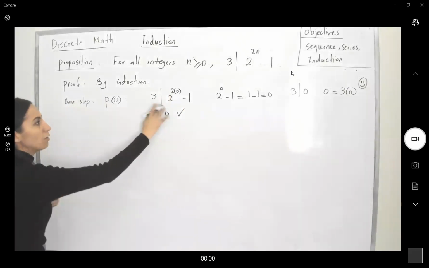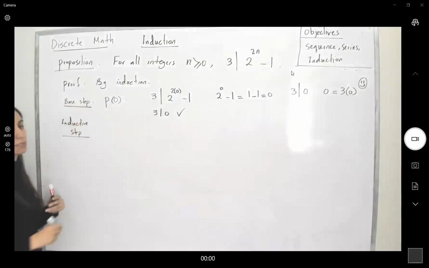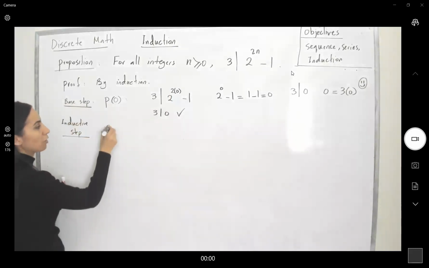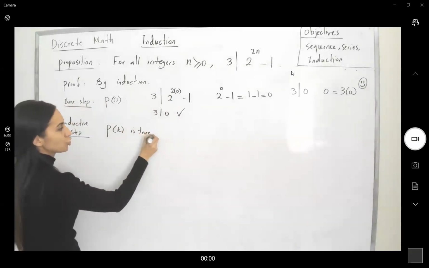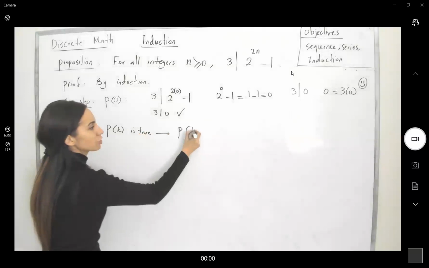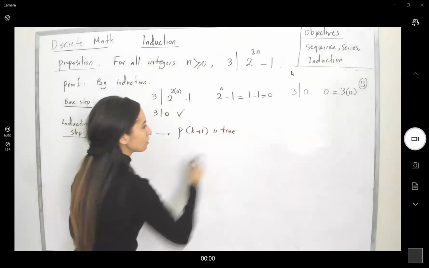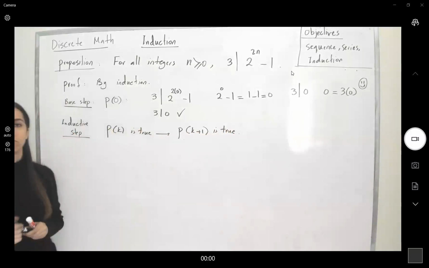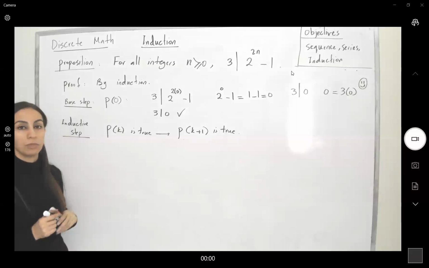Okay. Now move on to the next step, the inductive step. The inductive step says, if P of k is true, show that P of k plus 1 is true as well. We assume P of k is true. What's the meaning of that?